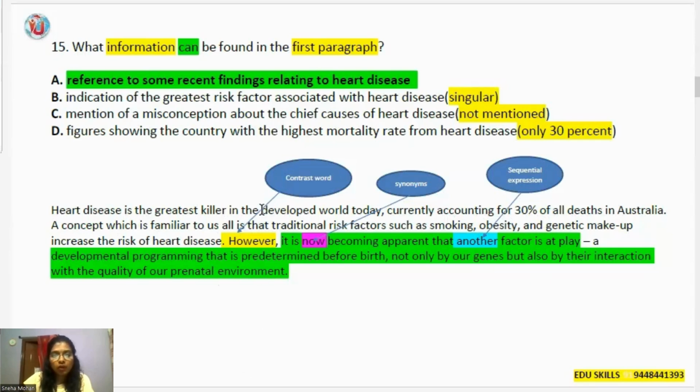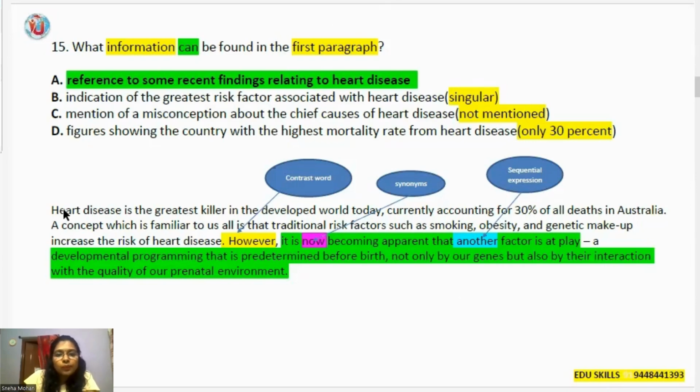However, there's a contrast word. It is now becoming apparent that another factor is at play, a developmental programming that is predetermined before birth, not only by our genes, but also by their interaction with the quality of our prenatal environment.